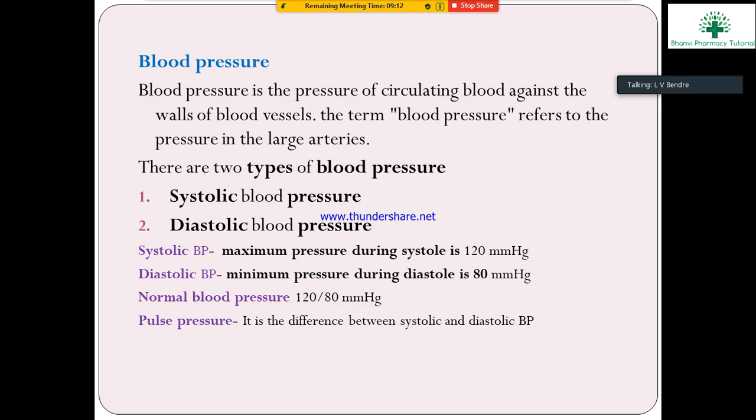Systolic means contraction. Diastolic means relaxation. In systolic BP, the maximum pressure during the systole is 120 mmHg.